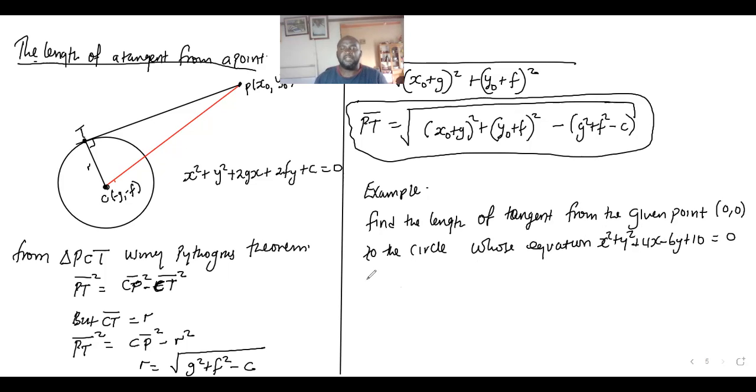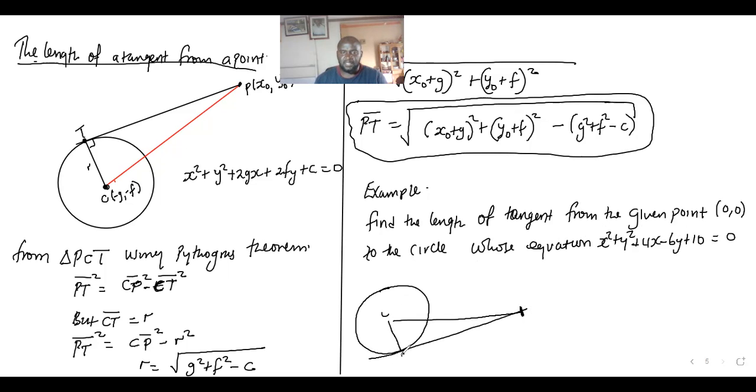Okay. Now remember, if that is the circle, we have the circle like this. We want to find the distance from a point which is (0, 0). We need to get the center of the circle. We need to find also this distance from this point.